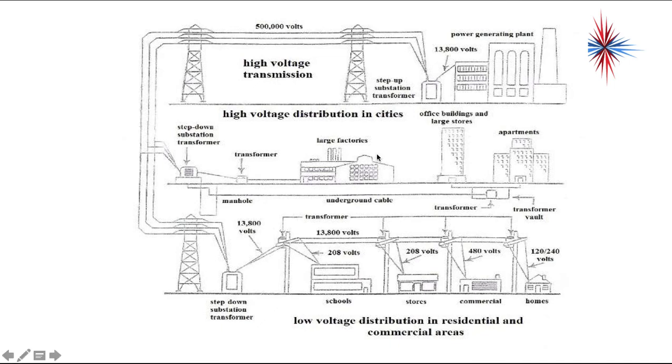So we have our power generating plant, which might put out 13,800 volts, then it could be stepped up to 500,000 volts for high voltage transmission, and then it eventually will come down through step-down substations along the way that will step it down to 13,800 volts for transmission along the roads, and then it will step it down at the pole or at the house even further to the 208, 480, or whatever we need in the homes. 120, 240.